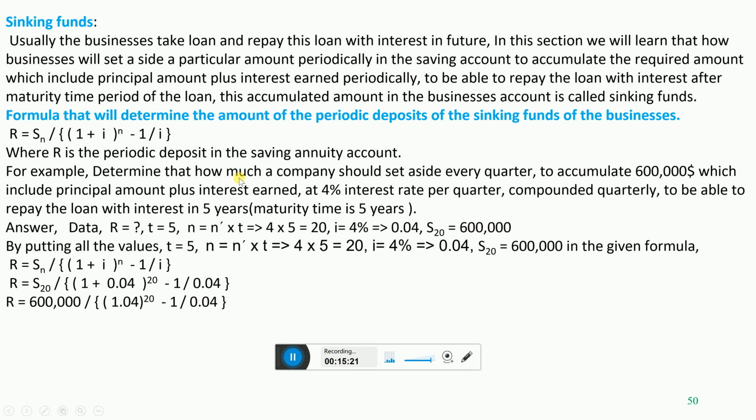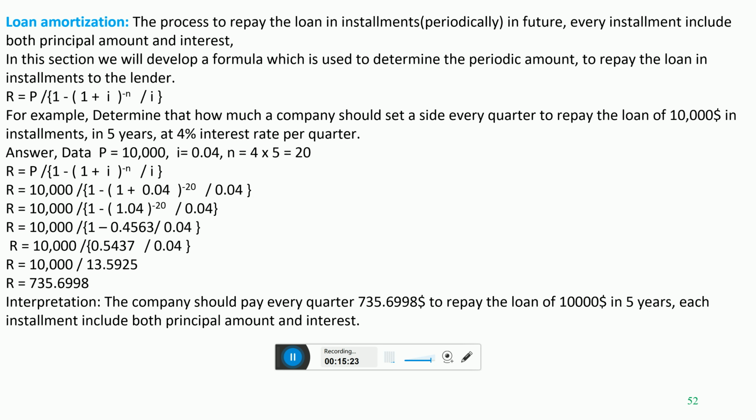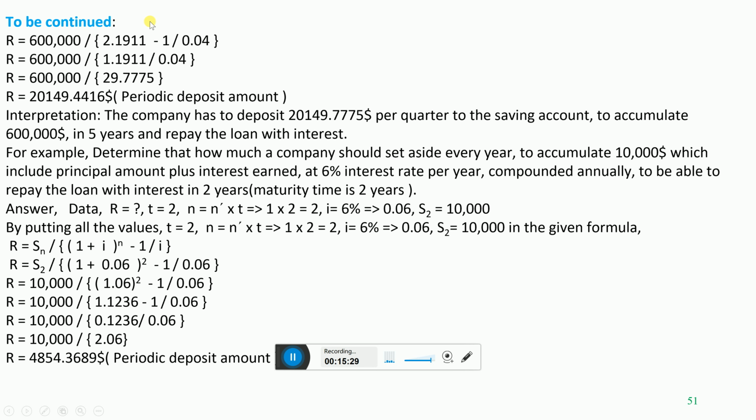Okay, let me proceed toward the next topic, that is loan amortization. Let me solve another example. Determine how much a company should set aside every year to accumulate $10,000, which includes the principal amount plus interest earned at 6% interest rate per year compounded annually, to be able to repay the loan with interest in 2 years.